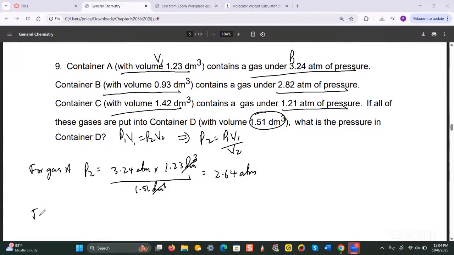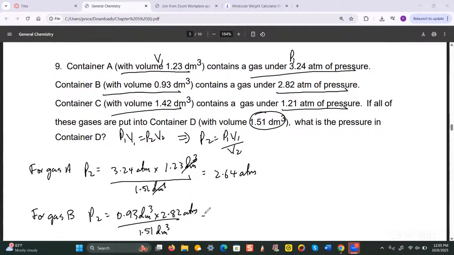So let's do gas B. What would P2 be equal to in the case of gas B? P2 is equal to 0.93 decimeters cube times 2.82 atmospheres over 1.51 decimeters cube.